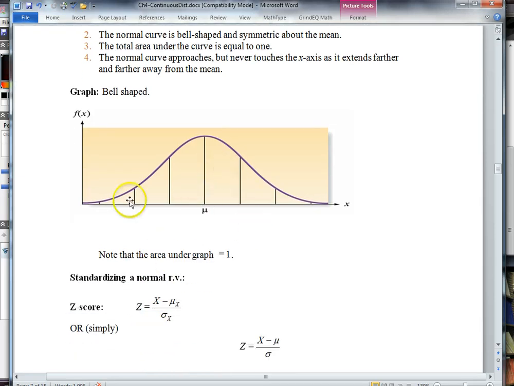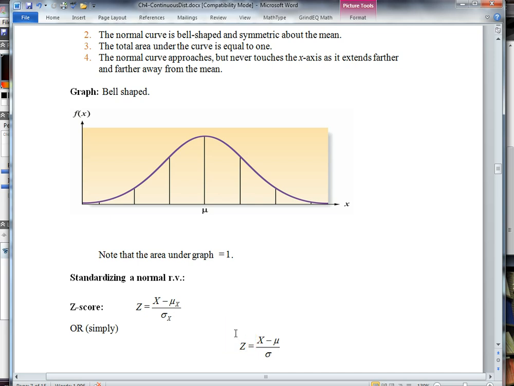So how do we standardize this? If I have a value here on this line, and I want to find the area under the curve between that value and the mean, that's hard. So what I do is I take that value, subtract its mean, divide by the standard deviation, simply x minus mu over sigma, and that should give me the z, the standard normal distribution.